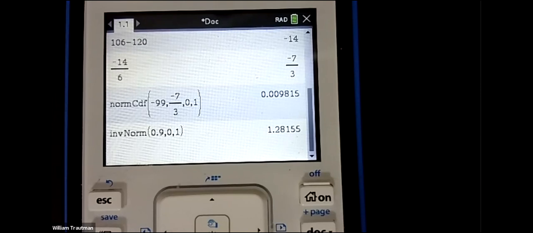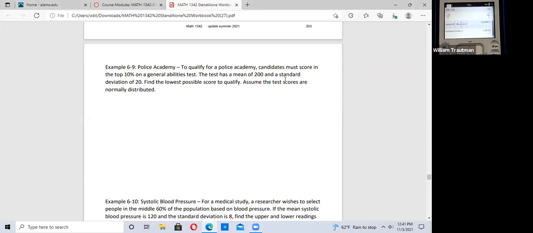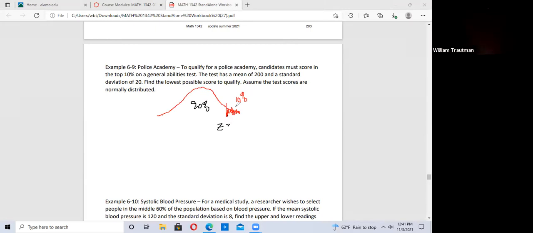That's what we learned last time, that if you have a percentage shaded into the left, we do the inverse norm. So here, once again, we want to find the top 10%. This is 10%, and so this is 90%. And this Z value says 1.28.